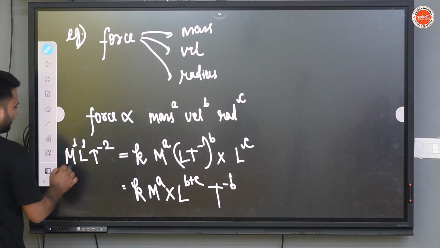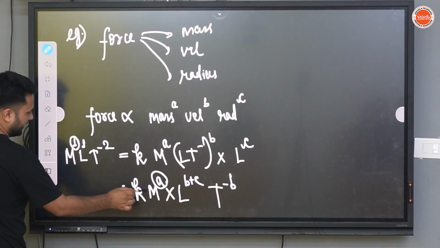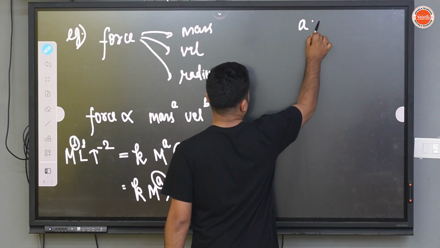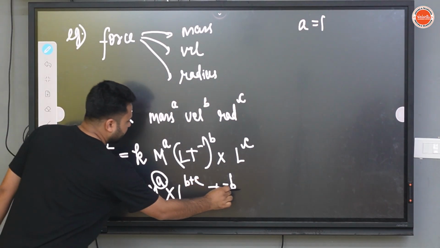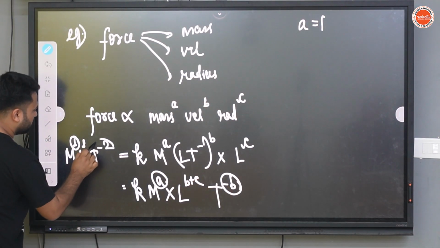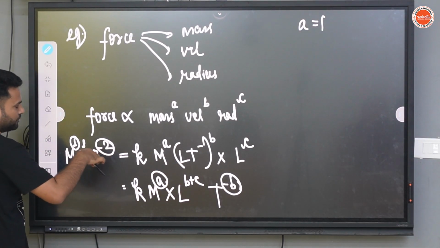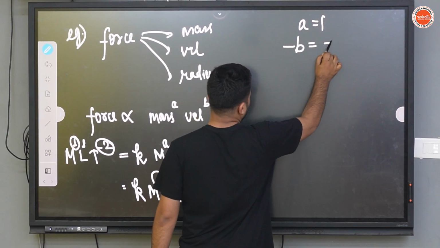Now see, compare from here. A should be equal to 1, M to the power A, M to the power 1. Minus B should be equal to minus 2.